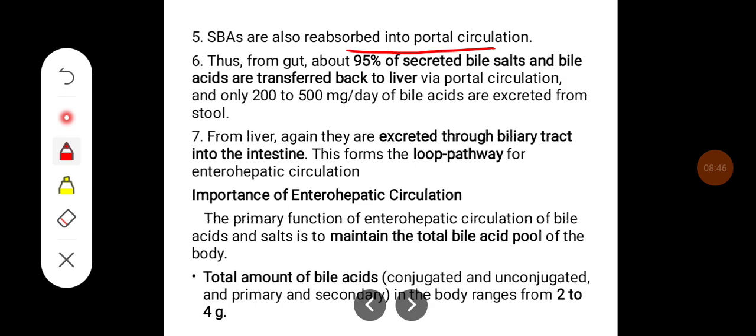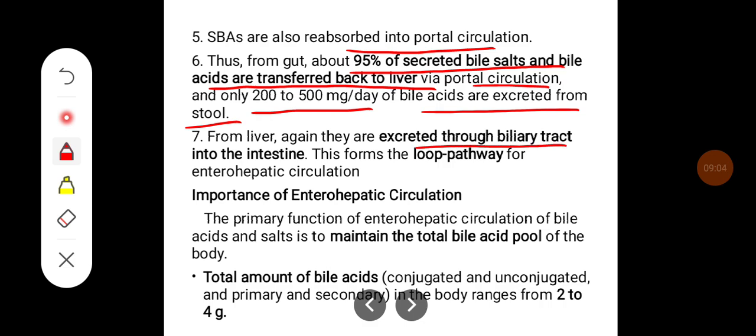So from the gut, about 95% of the secreted bile acids are transferred back to the liver via portal circulation, and only 200 to 500 milligrams a day of bile acids are excreted in the stool. From the liver, again they are excreted through the biliary tract into the intestine. So this forms the loop pathway for enterohepatic circulation.